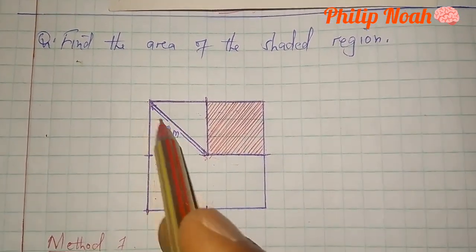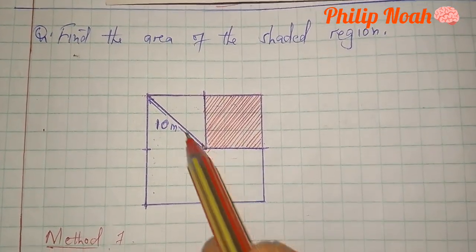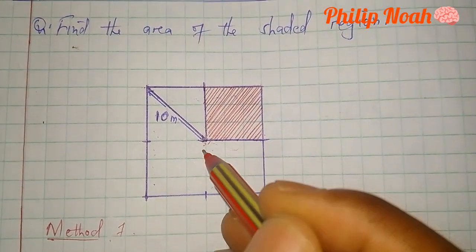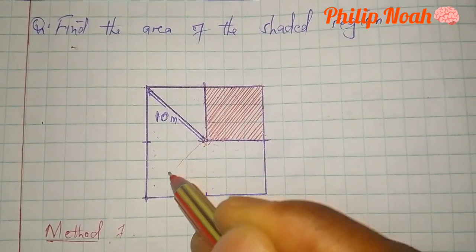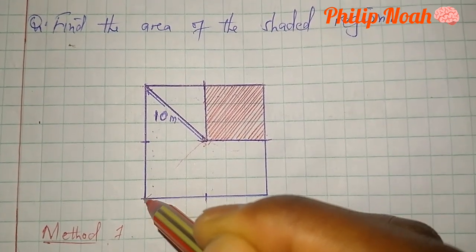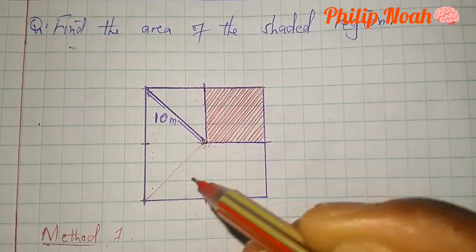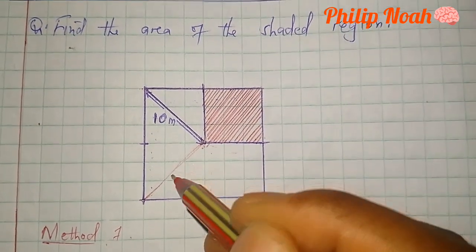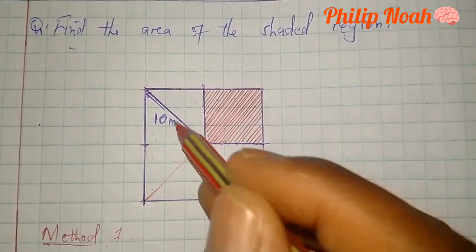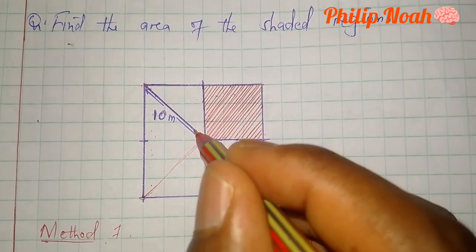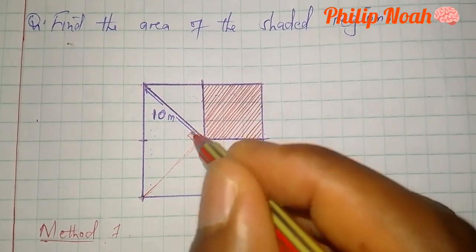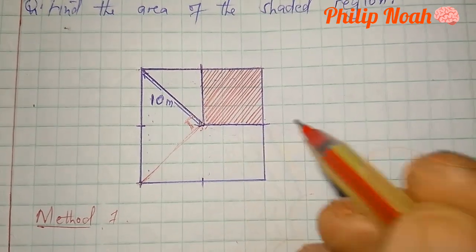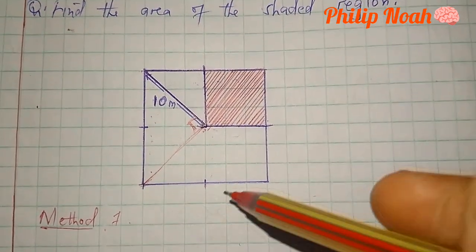Since here is 10, we can draw a straight line here so that it makes a triangle. These two lines meet at 90 degrees, because this large square is a square.